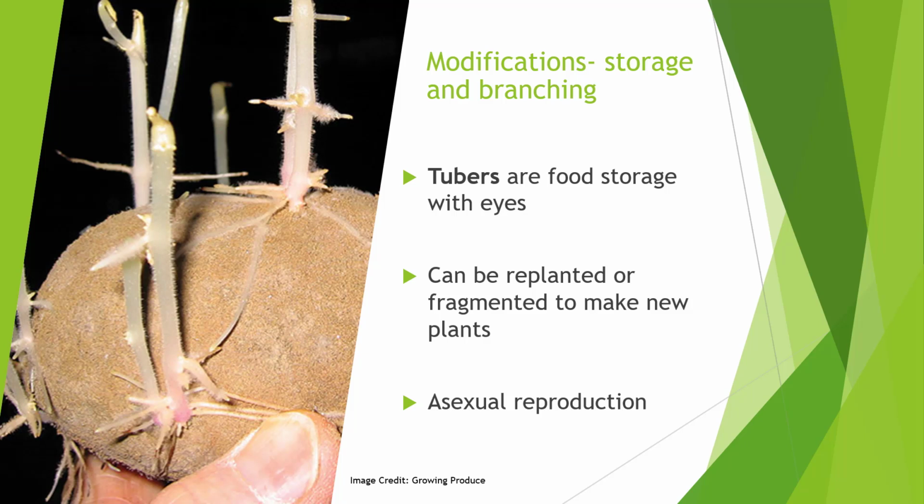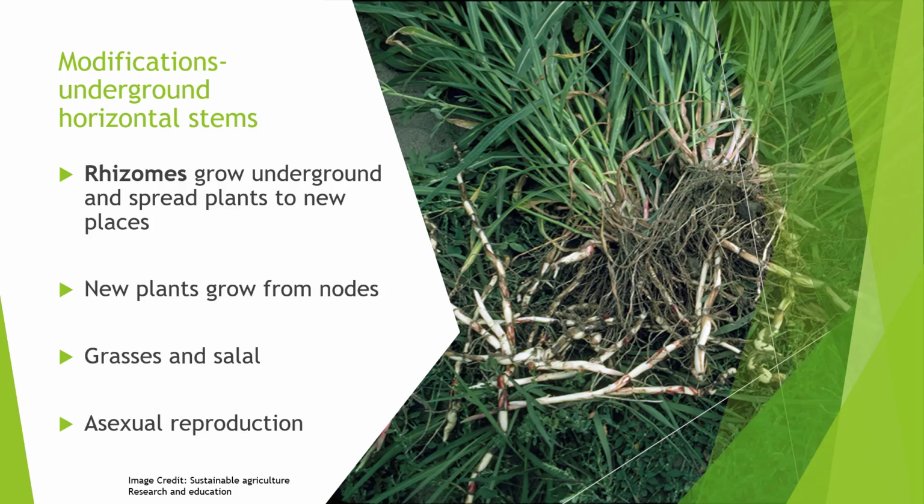Of course, you can take this stem and cut it into segments with an eye for each segment, and they will grow adventitious roots and new branches, which will grow into a new plant. Again, another form of asexual reproduction. And all that storage is going to give that new plant quite a new lease on life, because potatoes are bigger than seeds, well, for the most part.